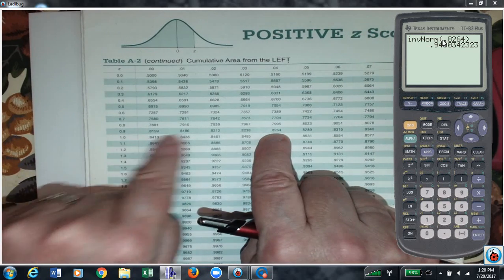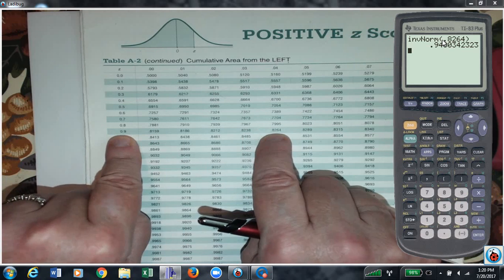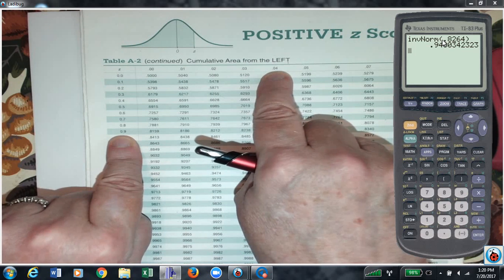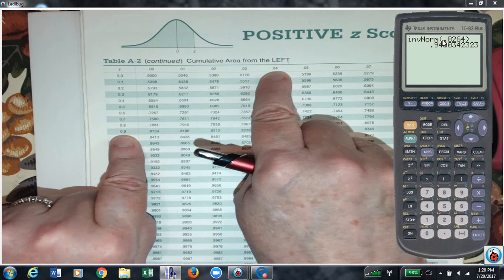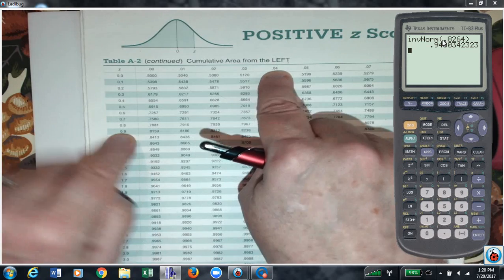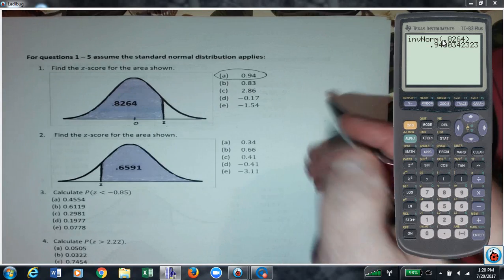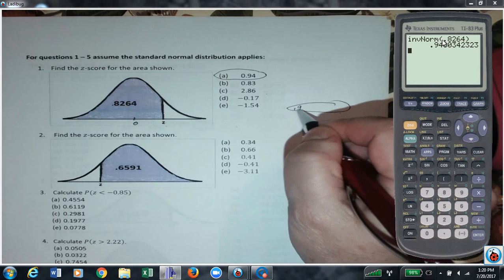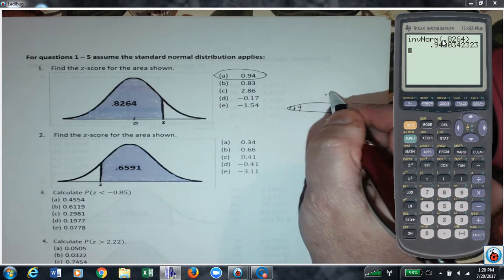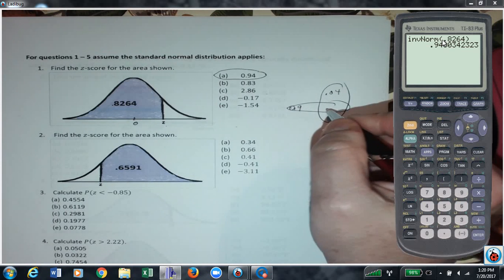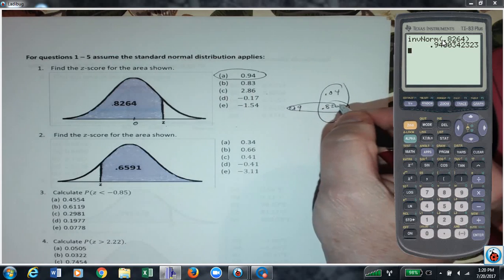And I can see if I go out to the row, it's 0.9. And if I take it all the way up to the column, it's 0.04. And if I put those two together, I get 0.94. So another way I could do that would be by looking at the chart.